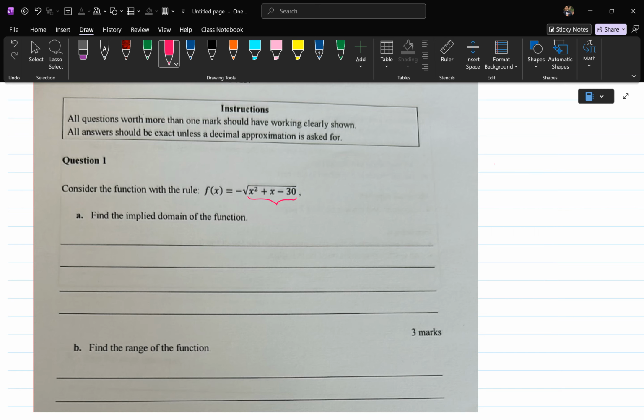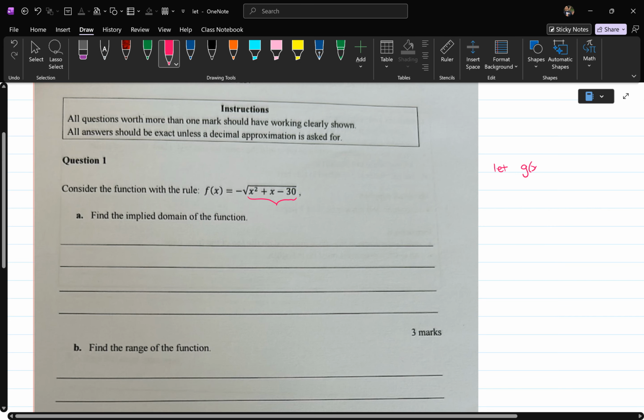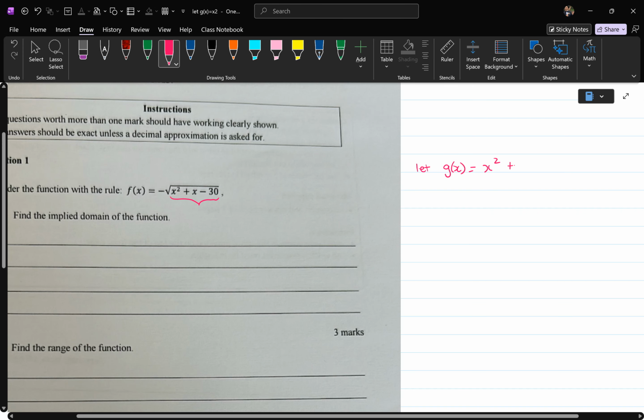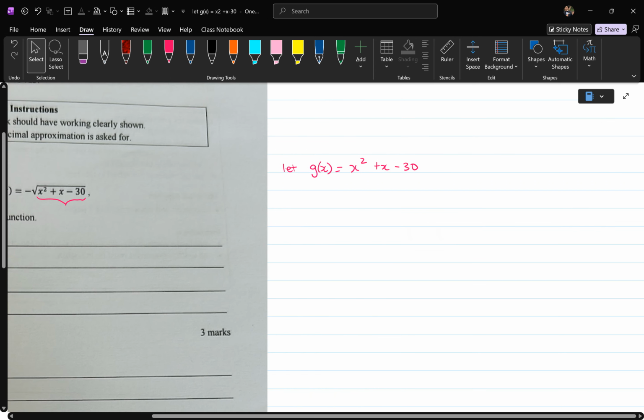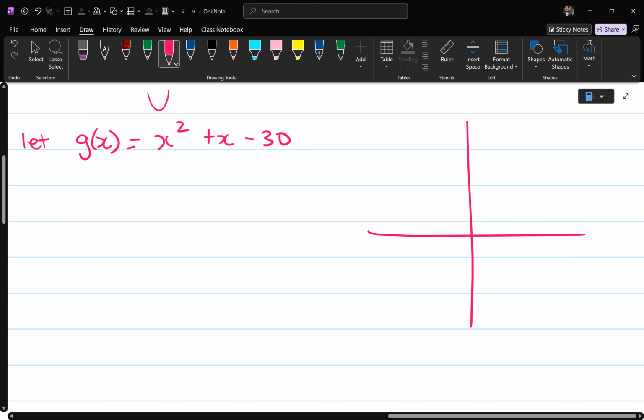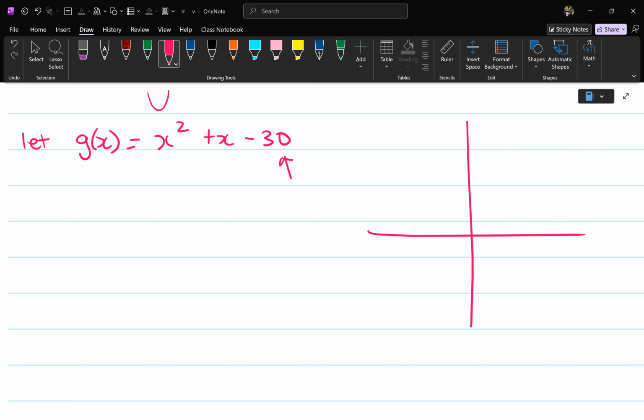So I could say, let g of x equal x squared plus x minus 30, right? So it's a quadratic graph. Just looking at that type of equation, I can already predict that it's going to be a positive shape. It's got a y-intercept at (0, negative 30), when x equals 0.